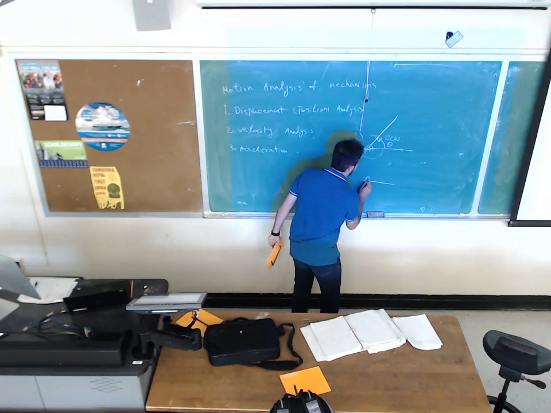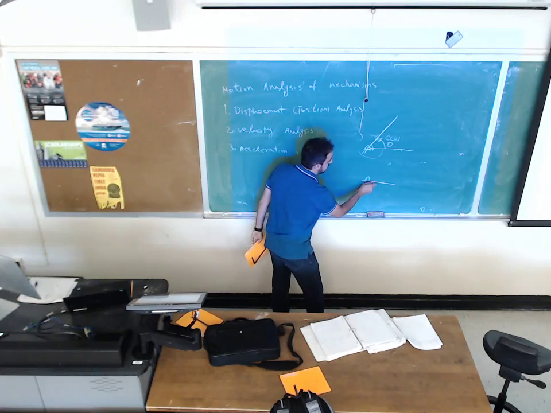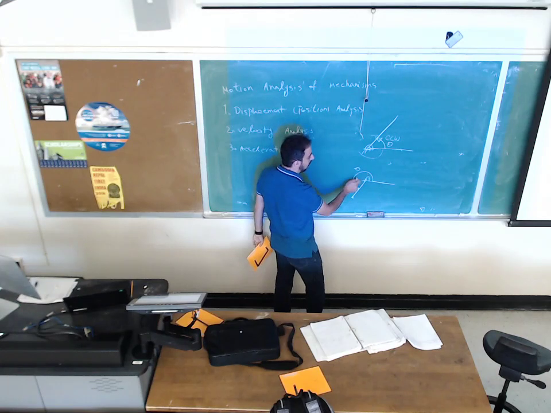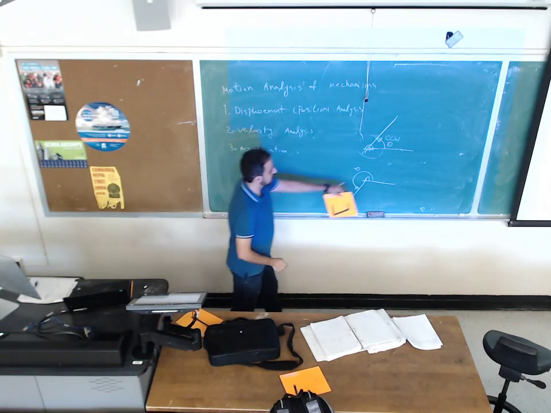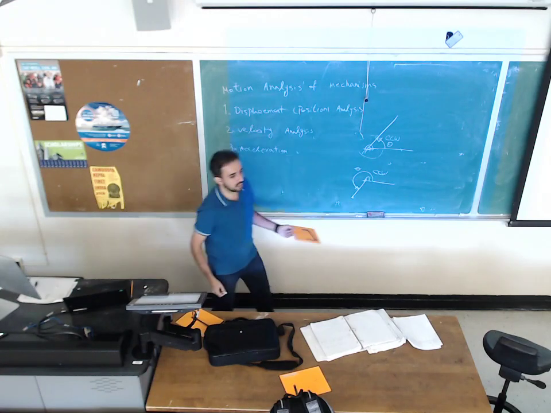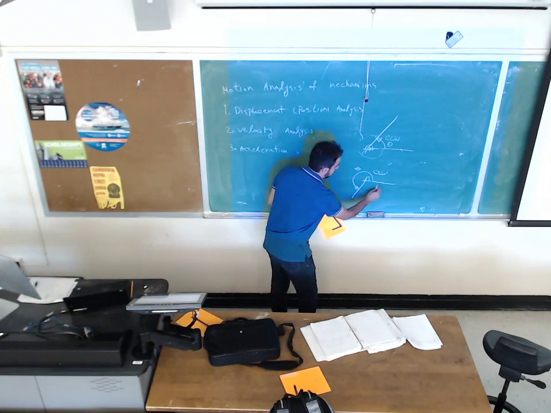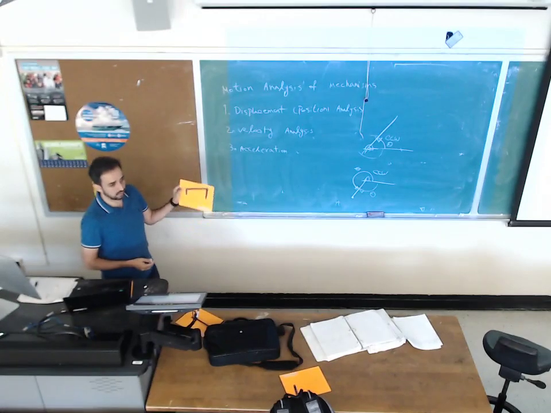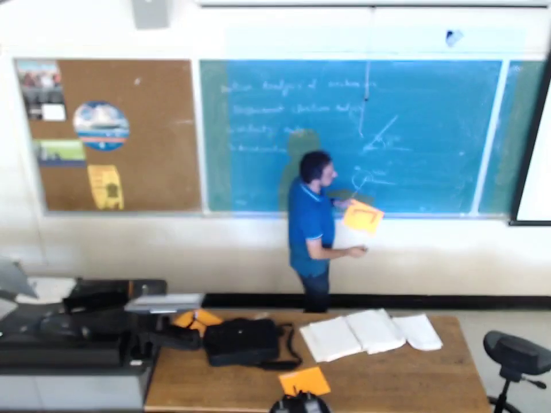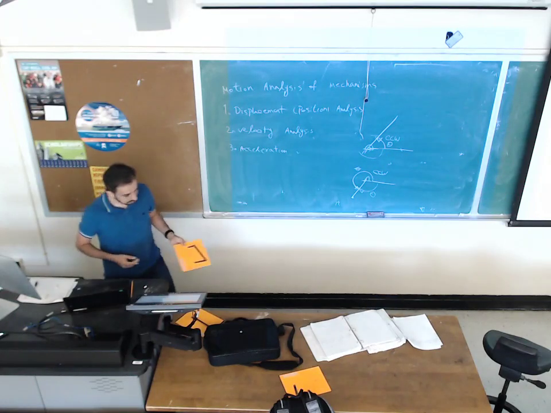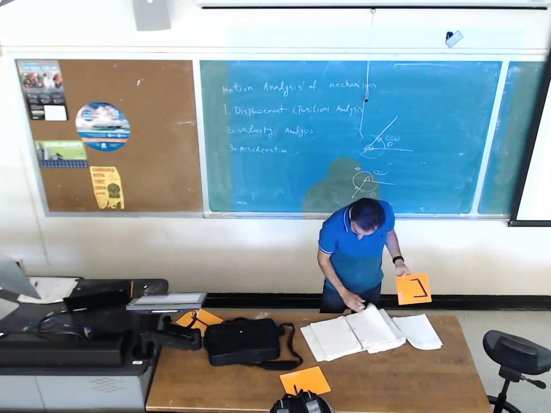If you have the input angle at this position, theta is defined as this, because you should start from the ground all the way to the input angle in the counterclockwise direction. This direction is clockwise, so you shouldn't label the angle in this direction. This is one of the rules that we are following in this course. So this is what we are going to address in displacement analysis.